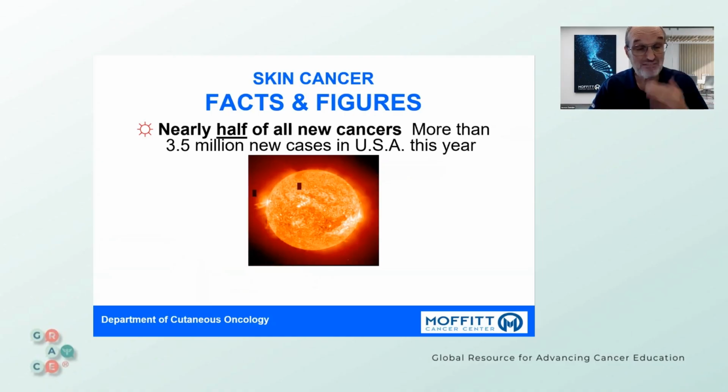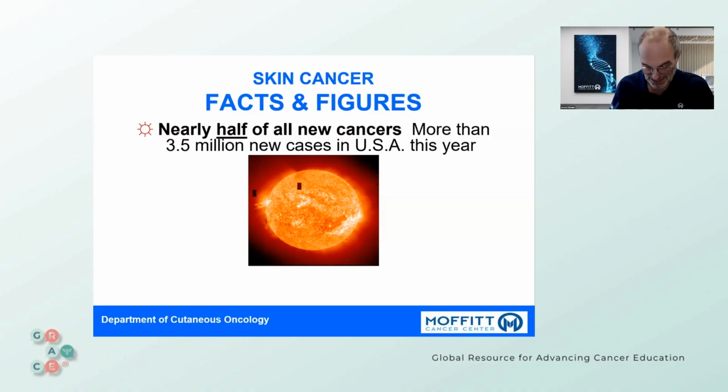More than 3.5 million new cases in the United States, probably way more than 3.5 million, because record keeping among all the cases that are treated at dermatologist offices, that are burned off, scraped off, sometimes without even a biopsy, we don't come close to having an accurate number of cases compared to the major forms of cancer, including melanoma, which are monitored more carefully.